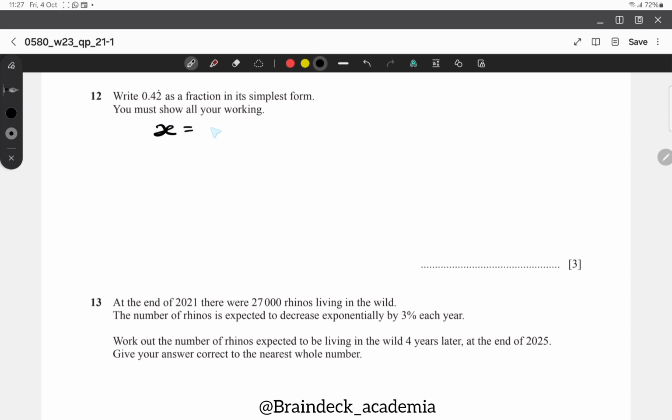So we say x equals 0.4, with the 2 recurring. Now we'll keep multiplying x by 10 until we have 2 rows that have similar decimals. If I multiply this x by 10, that will be 10x, and this one is 10 times 0.4222. It will give me what?